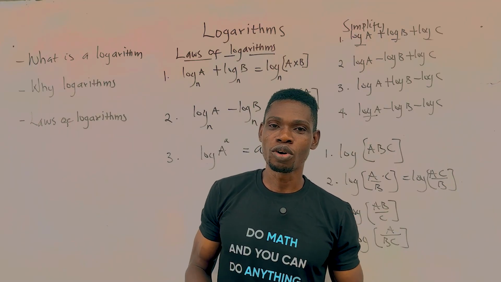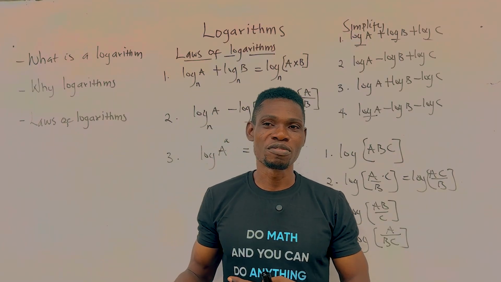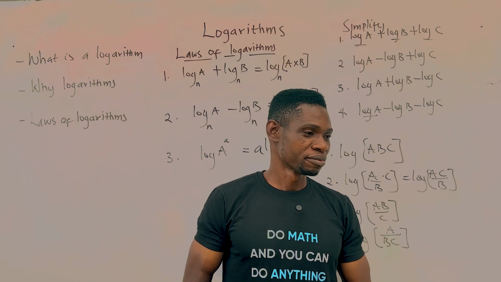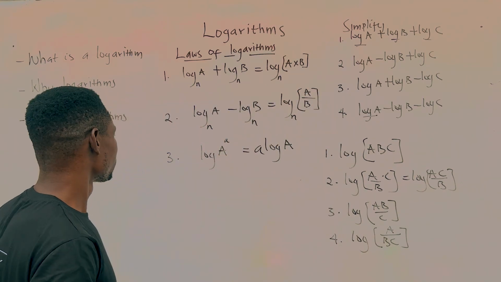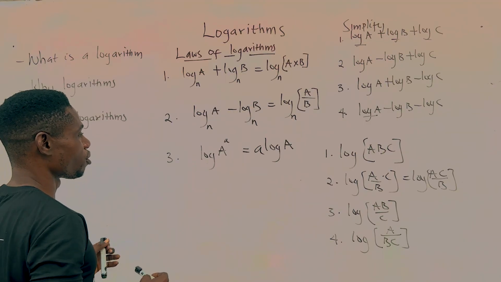All right, so let's proceed with other rules that will help us to solve problems effectively. So I will just continue 4, 5, 6, and so on. So rule 4.